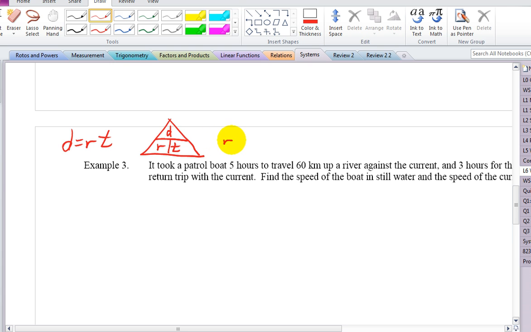So what would the rate equal then? Cover up the R, what's left over? D over T, which means distance divided by time. Okay, so this is distance equals rate times time.